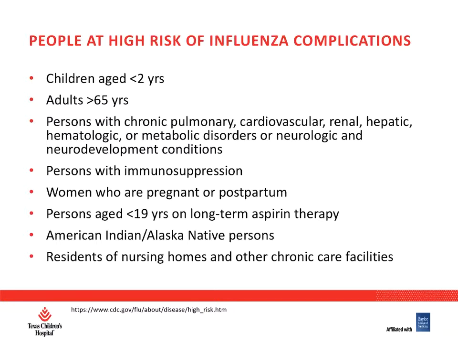And then anybody with chronic pulmonary, cardiovascular, renal, hepatic, and so forth disorders can have significant complications due to flu. Those that are immune suppressed as well, pregnant or postpartum women, persons less than 19 on long-term aspirin therapy, some native populations, and also residents of nursing homes and other chronic care facilities. So these are really the target groups that we want to ensure receive the most accurate and reliable type of influenza testing that we can provide to make sure that they get managed properly.